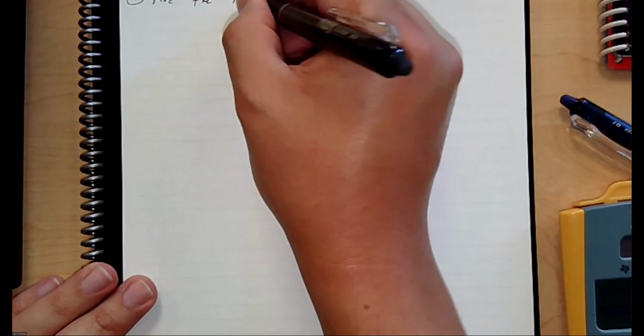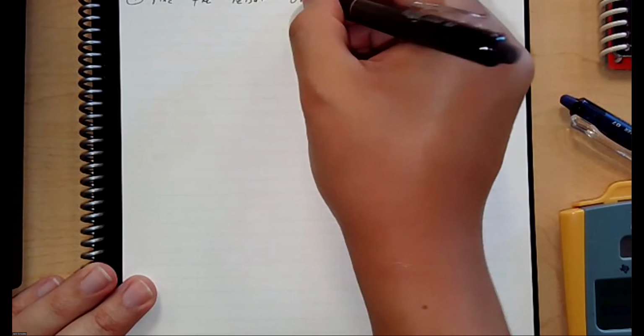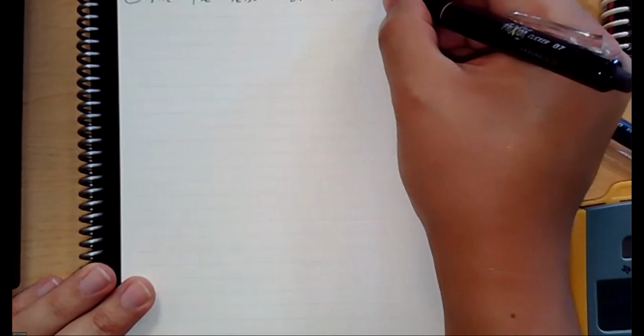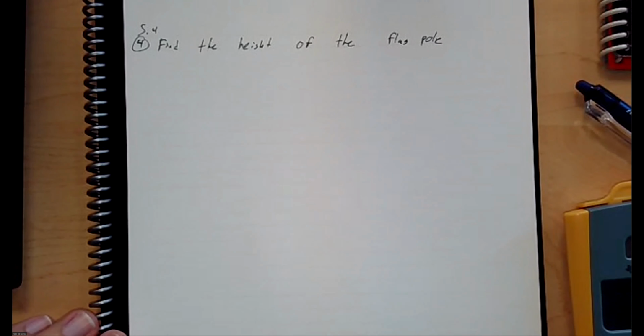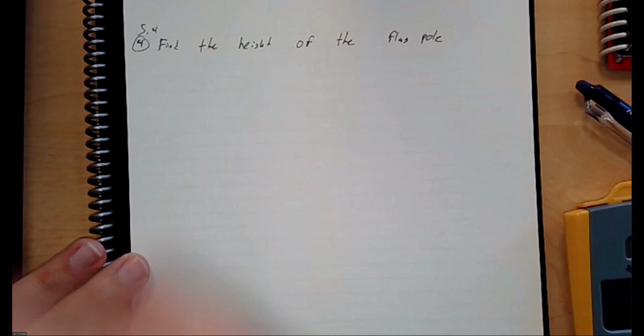Find the height of the flagpole. It's a little wordy, but it's all good.